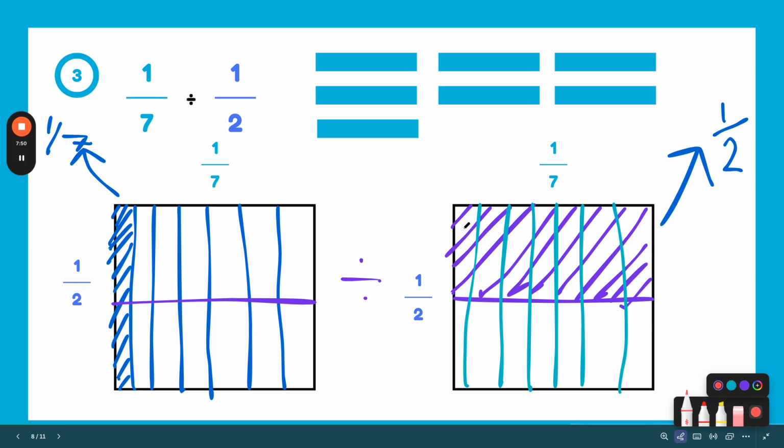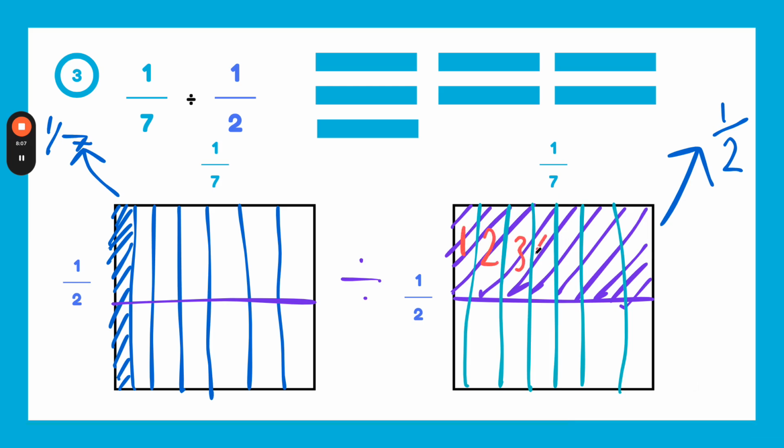We need to find out how many pieces make up a whole half group. So if we count, there's 1, 2, 3, 4, 5, 6, and 7 pieces.